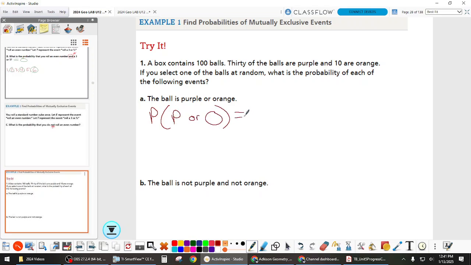All right, what is your first question? And or, which one is this? This is or. Now we ask, is it mutually exclusive? So what does that mean in this case? Can the ball be purple or orange when?